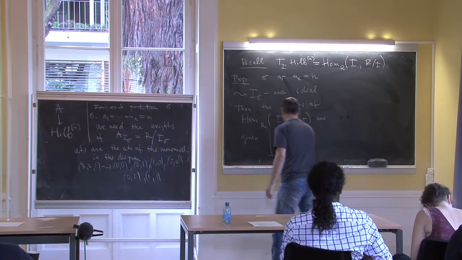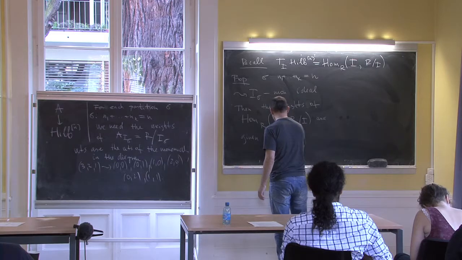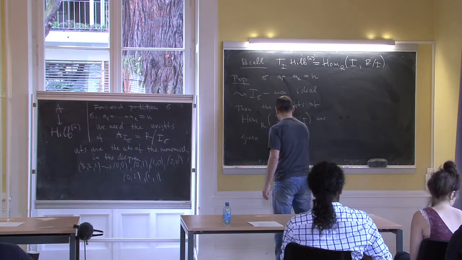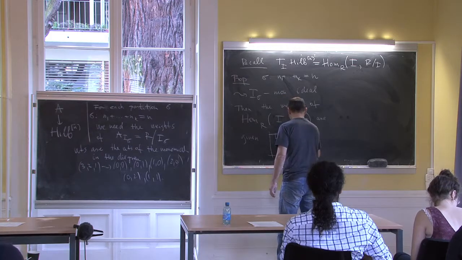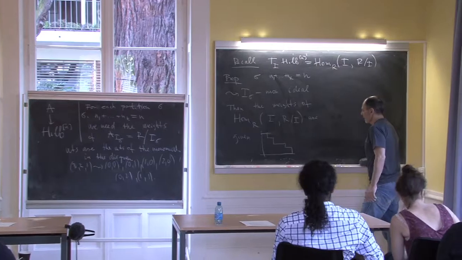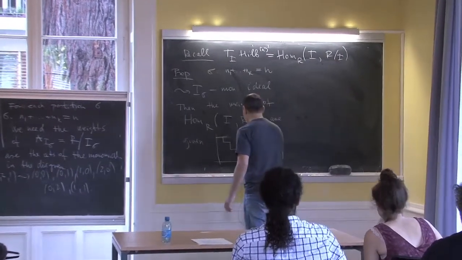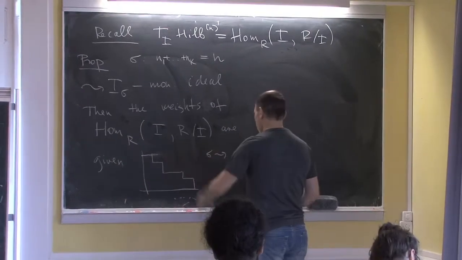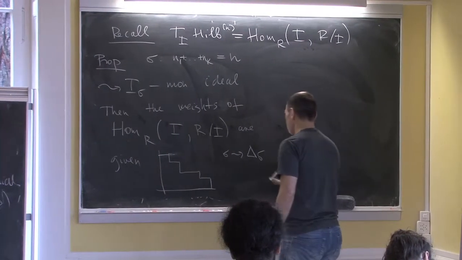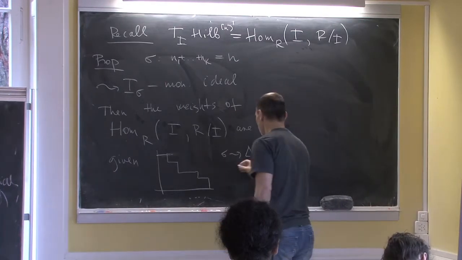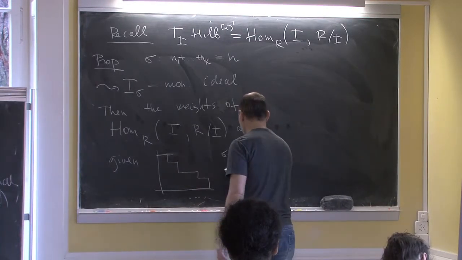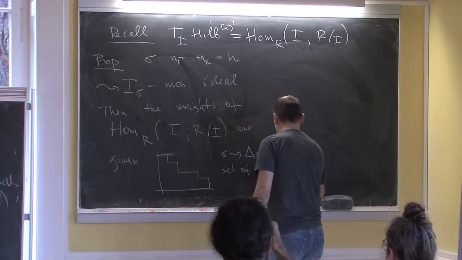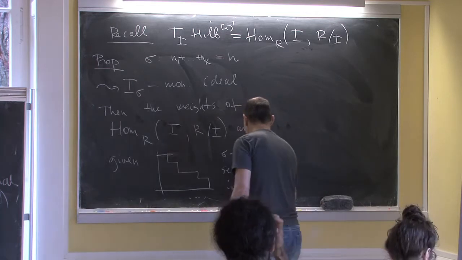So I have this diagram. Some diagram. And so let's denote, so I have sigma is the partition, and let me now, the set of delta sigma is the diagram. Sigma is going to be all the squares, so the set of squares in the diagram.